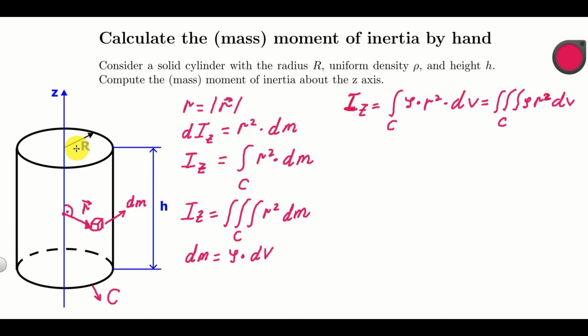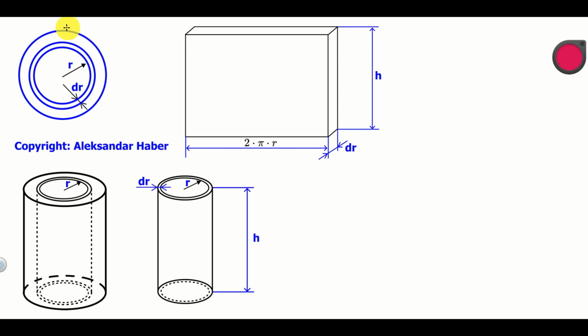Due to the circular geometry of this cylinder, it might be difficult to directly apply this equation to our case. However, there is a more elegant way for computing the mass moment of inertia of this cylinder, and let's explain it. Over here you can see a sketch of the main idea. The main idea is to split our original cylinder into a number of shells, that is, to segment the cylinder by using shells.